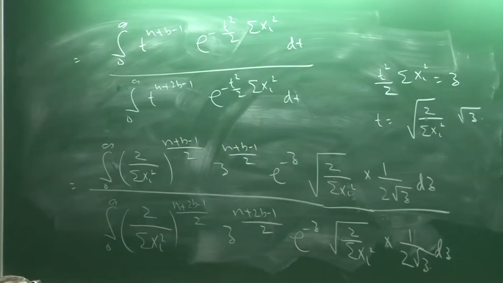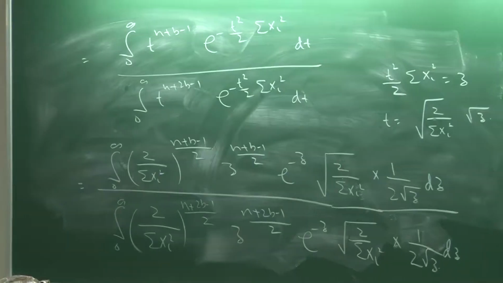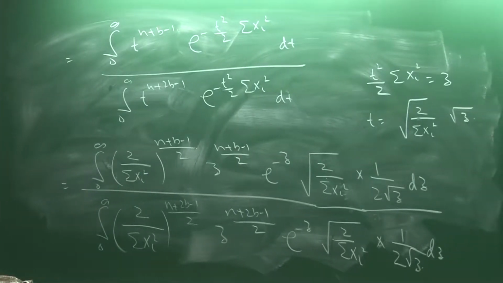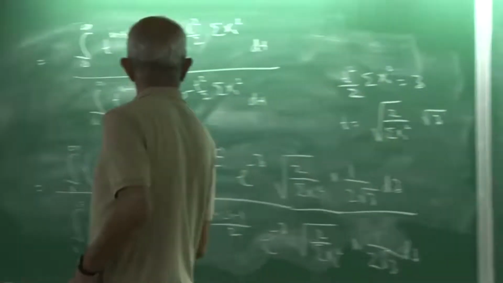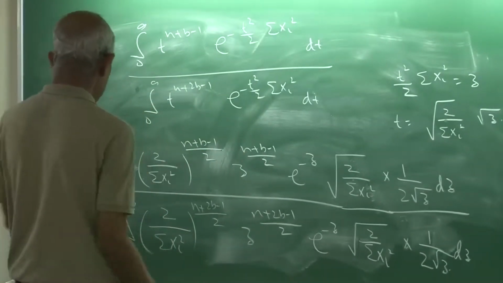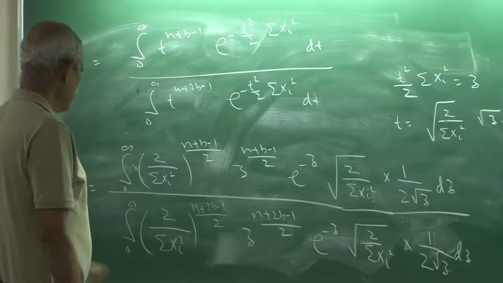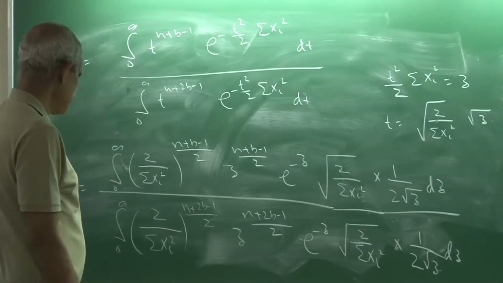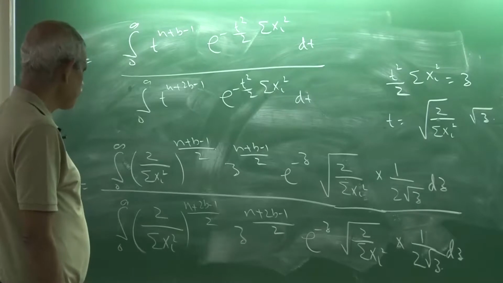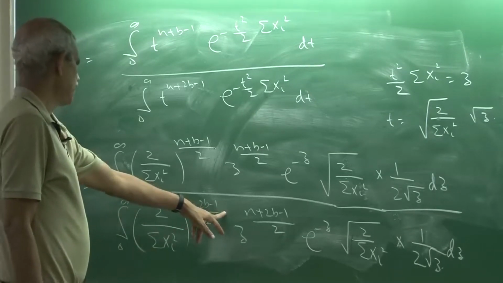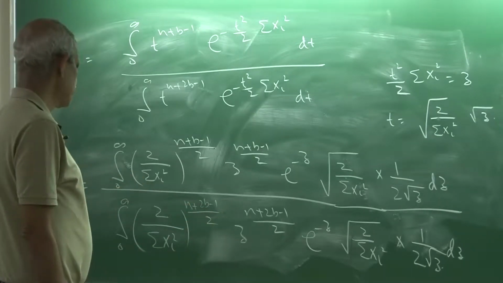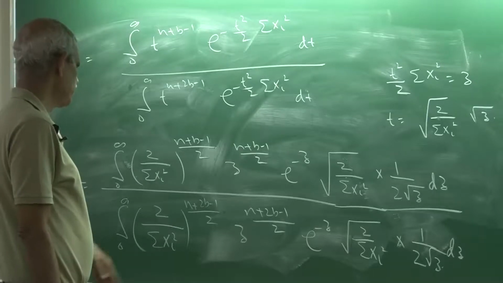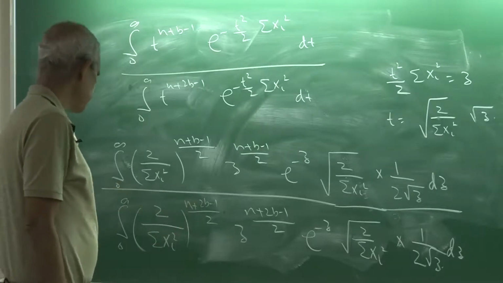Okay, so what does that become? So n plus b minus 1, first let us try to see this. n plus b minus 1 by 2 goes away. So I make it here minus n minus b. So it becomes b by 2, right?